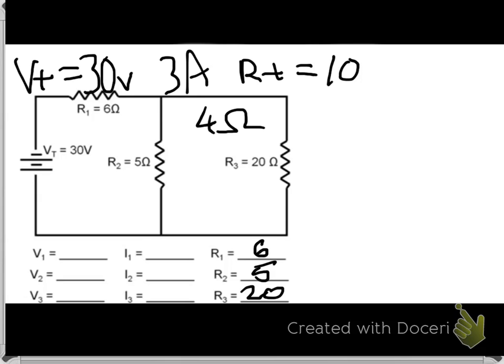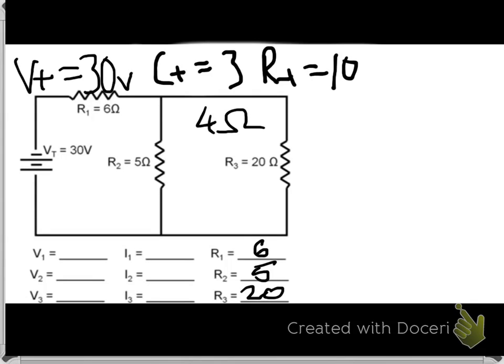And because in a series circuit all the current is the same throughout, we know that the current through resistor 1 is going to be 3. And now using Ohm's law, we can find the voltage going through resistor 1, which is 18, because 3 times 6 is 18.